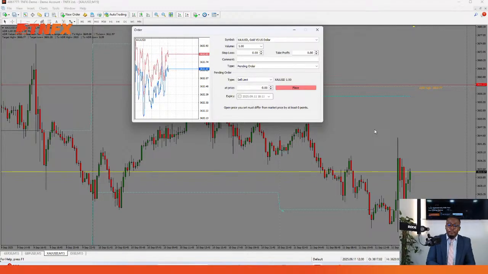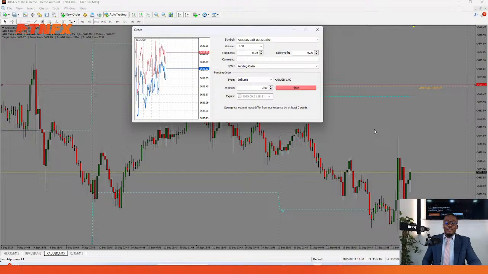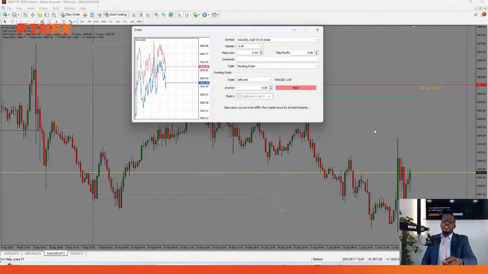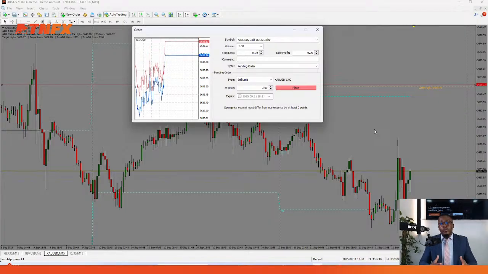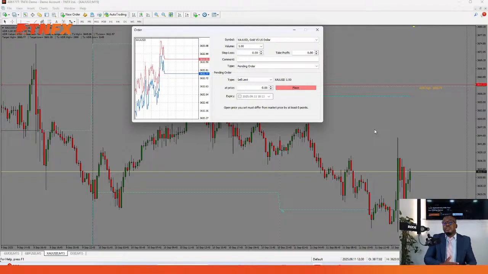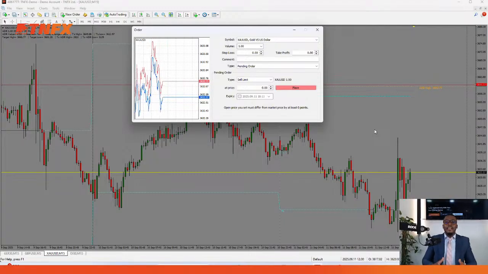That saves you time from sitting on the charts waiting for the price to reach that level, because psychologically, if you're sitting on the charts waiting for the price, the market will induce you and trigger you to take decisions that are unplanned. And in that case, it means now you are out of the box.